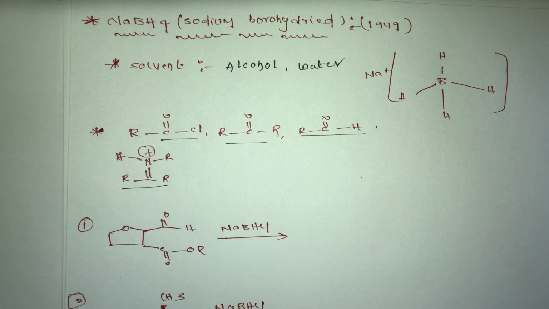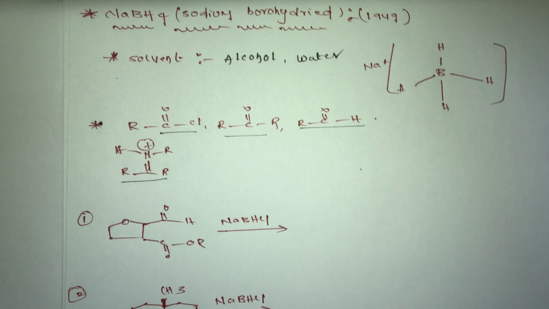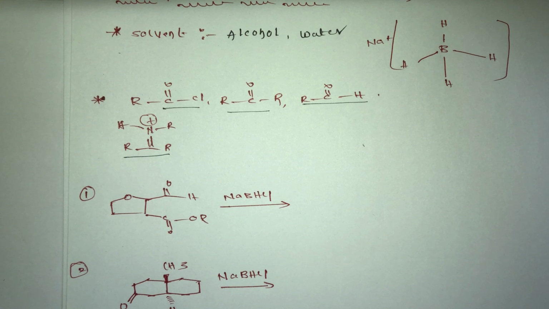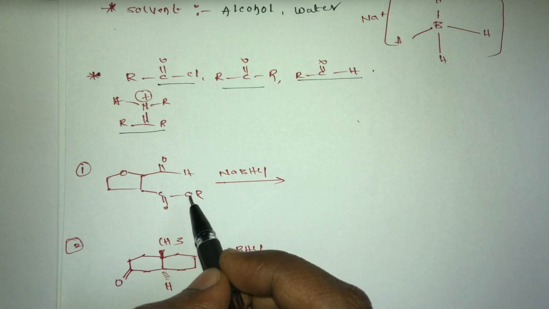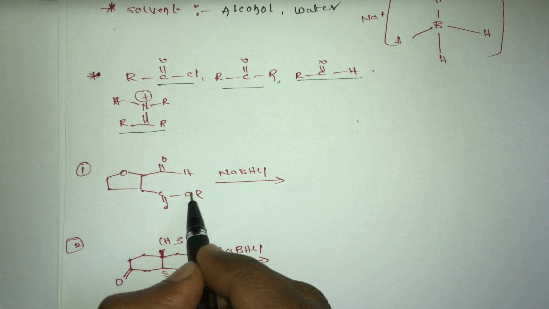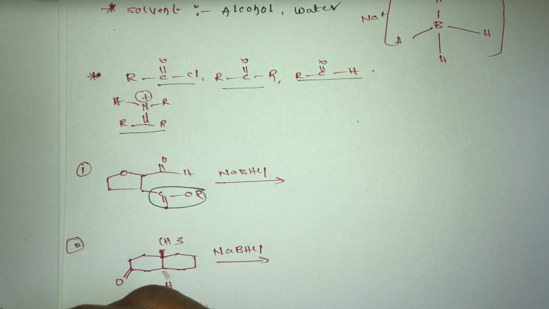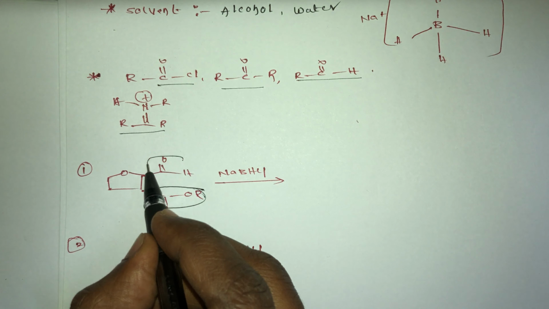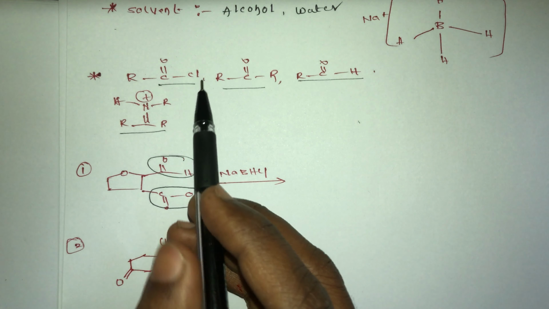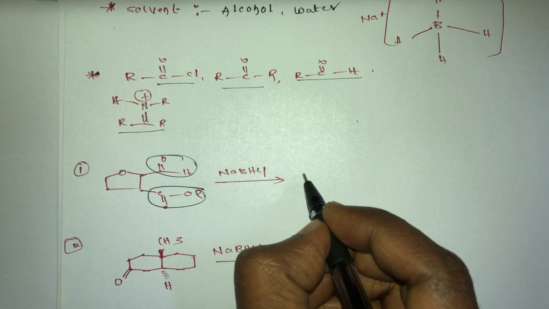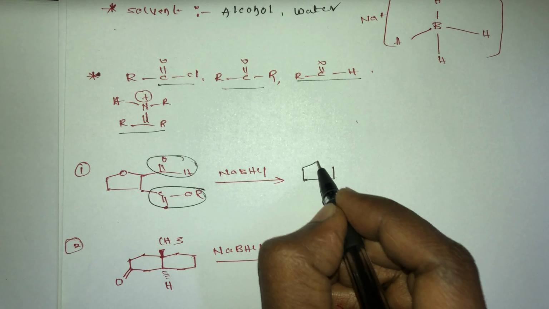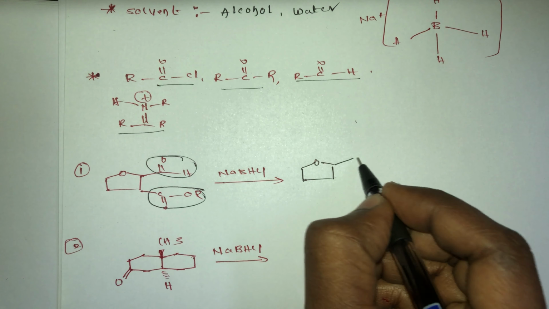So here I have given some examples so that you can understand what exactly happens when sodium borohydride is used in a reaction. If you see here, we have an ester group, and here we have an aldehyde group. Only the aldehyde carbonyl group will be reduced and the remaining will stay the same. You don't touch it, right?